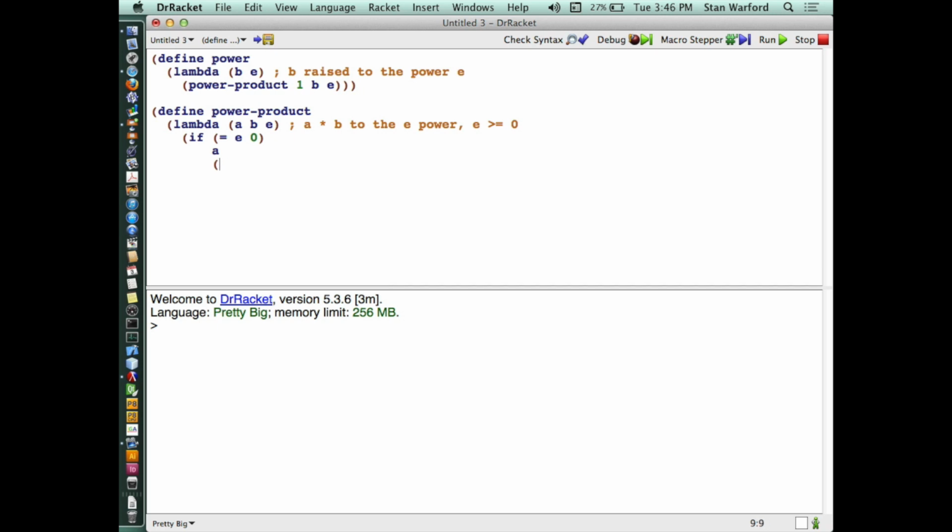So now power product. Now power product what? Times A B for the first argument, and then what? Same B, and then what?